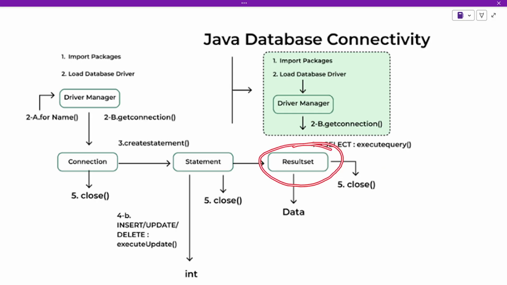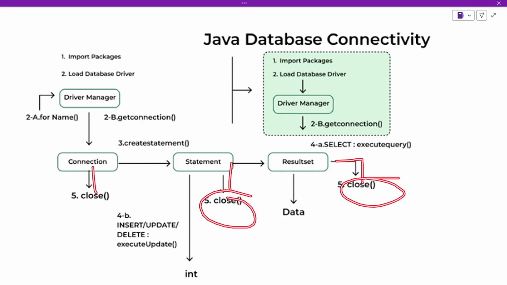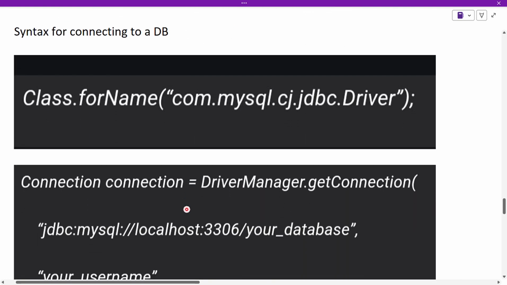So we will get this result set, and we have all the data with us. We can process it as we want. And then after all the processing is done, you have to close the result set, the statement, and the connection as well. So this is how the workflow happens. And let's see the syntaxes for it.